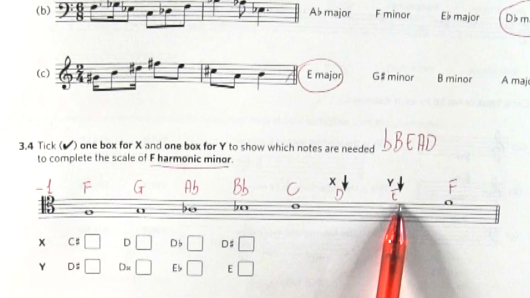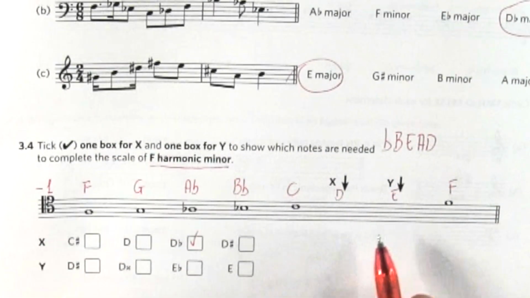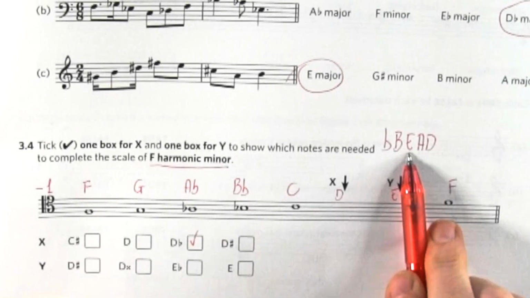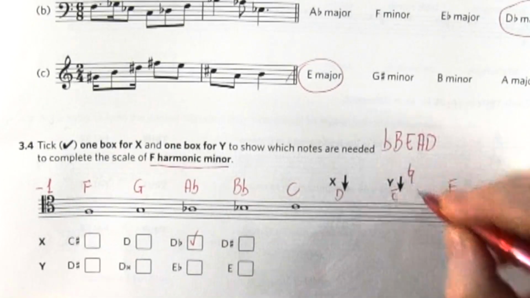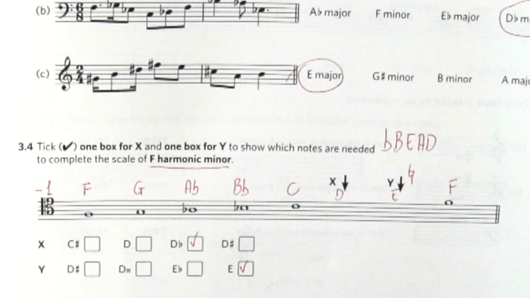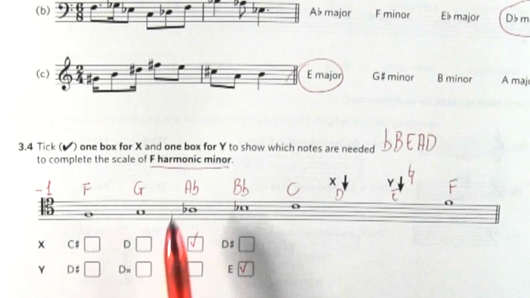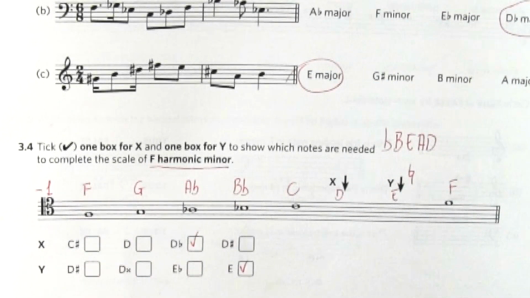So what do we do? Nothing, we just keep it flat. So this is D flat. Next, we have this note. Now, E is supposed to be flat, but it has to be raised, so it becomes natural. And this is it. Sorted. Did you get it right? It's the harmonic scale that needs to be remembered.